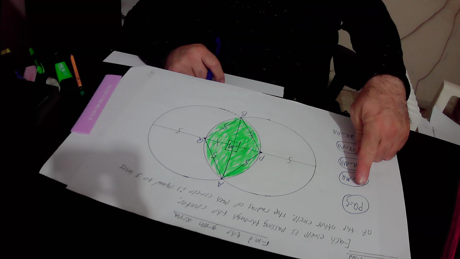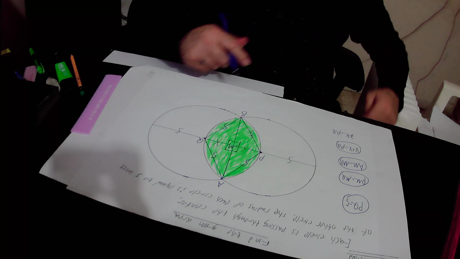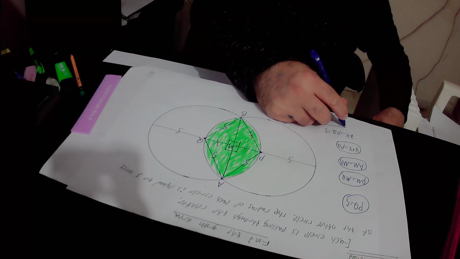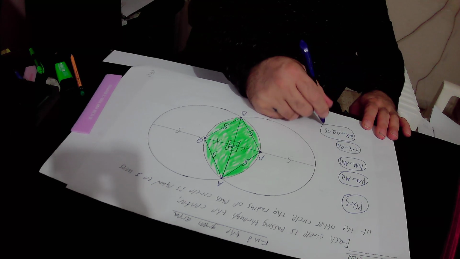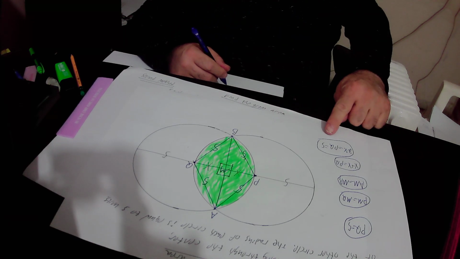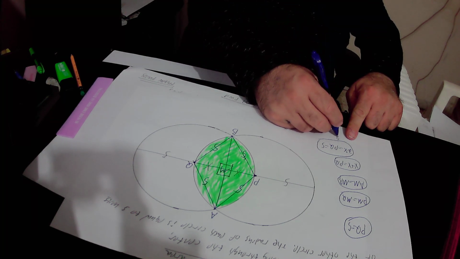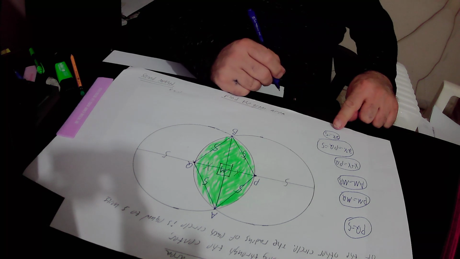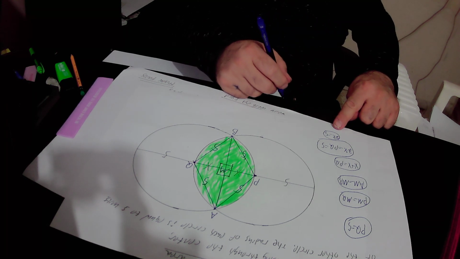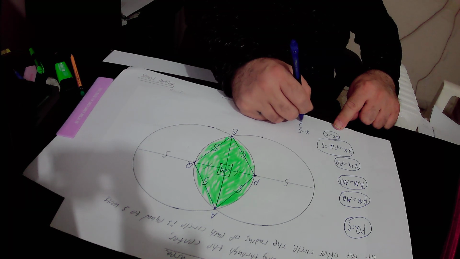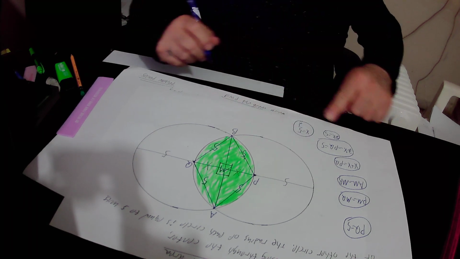But we have already found out that PQ equals 5 units. So 2X equals 5. We divide this equation by 2, and we get that X equals 5 over 2 units.